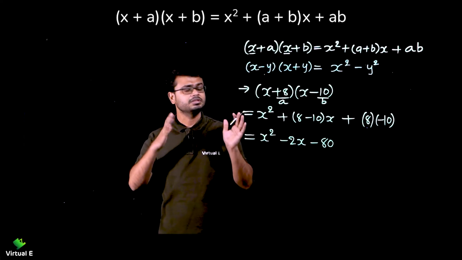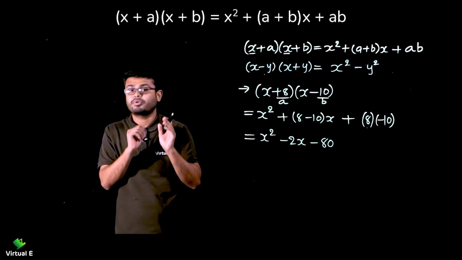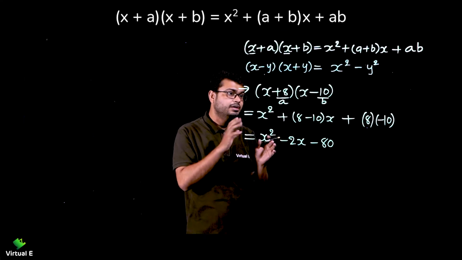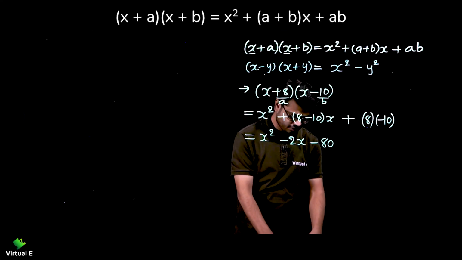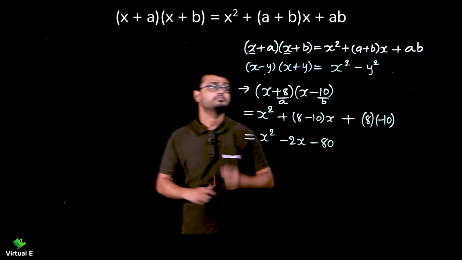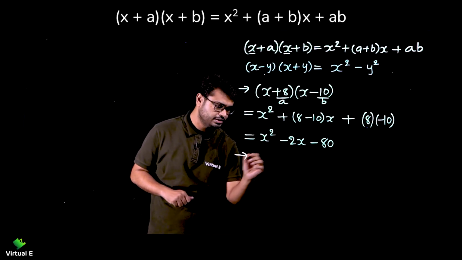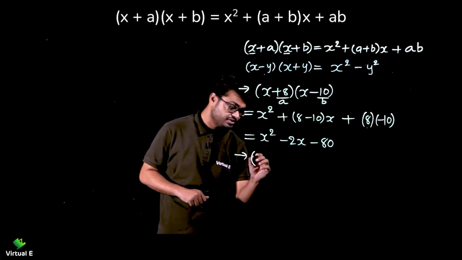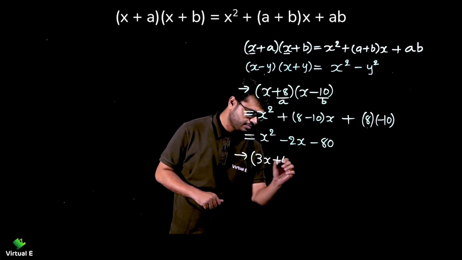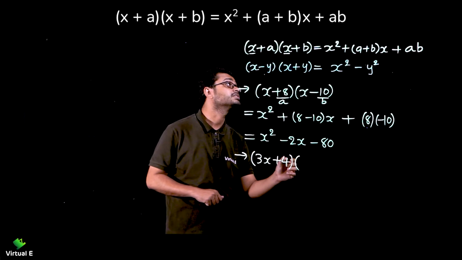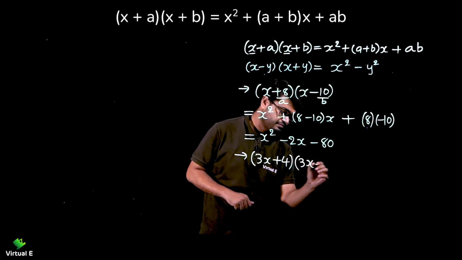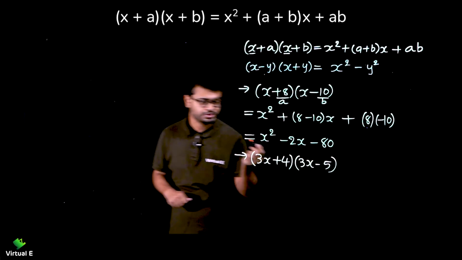So this is how we find the product. First we are going to find the product, right? So this is about the product of the two binomials. Now let's do one more question here, that is (3x plus 4) and another is (3x minus 5). Now this is a very interesting question.